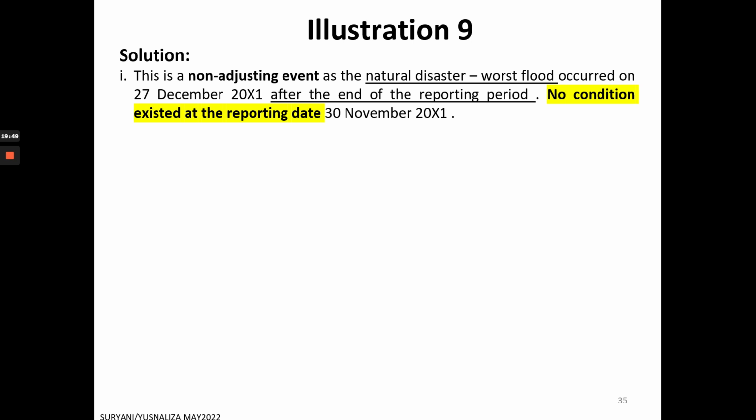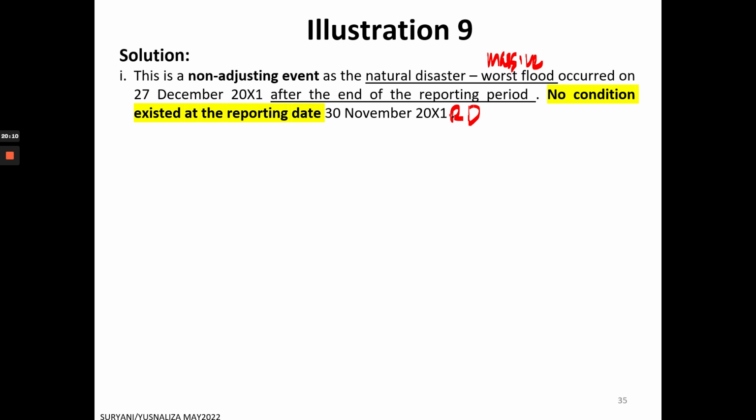As a disclosure. Now, this is a non-adjusting event. Why? The natural disaster, which is the massive flood, occurred on 27th of December, which is after the reporting period. The reporting period ends on 30th of November.